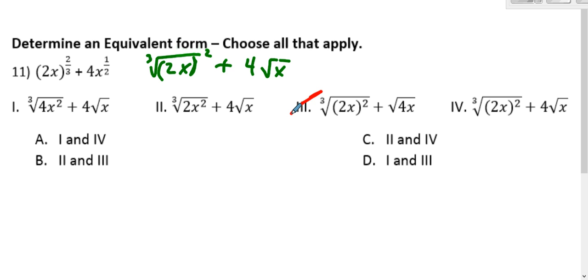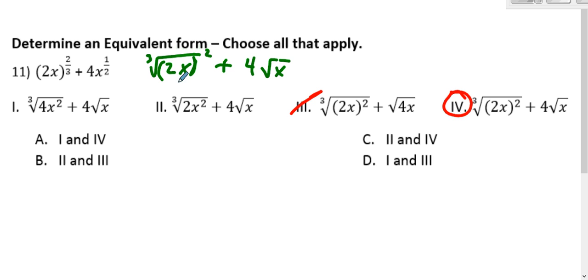So we can see the cube root of 2x squared on this one and this one, plus the 4 squared root of x. So far, these are both pretty similar. The difference between them is this one has parentheses, which we didn't get rid of, which matches that exactly. So that's obviously right.